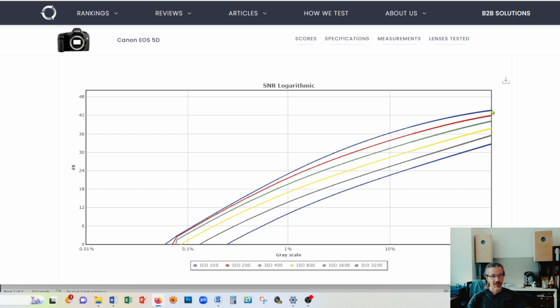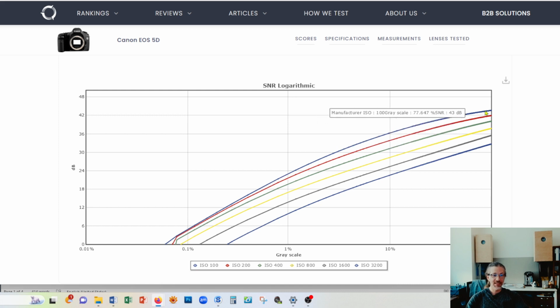And at 100 ISO, then we get 43.5 dB. So that's like 11 dB more information when we are at 100 ISO.